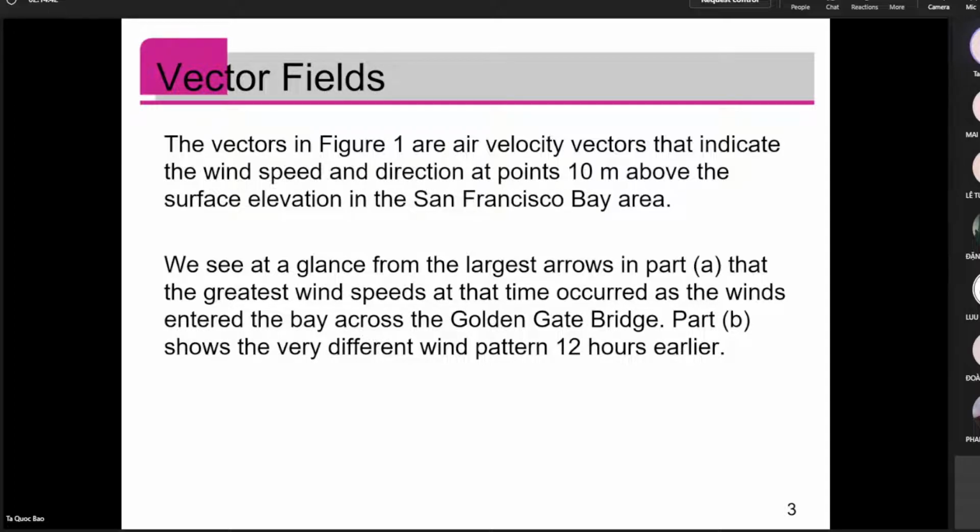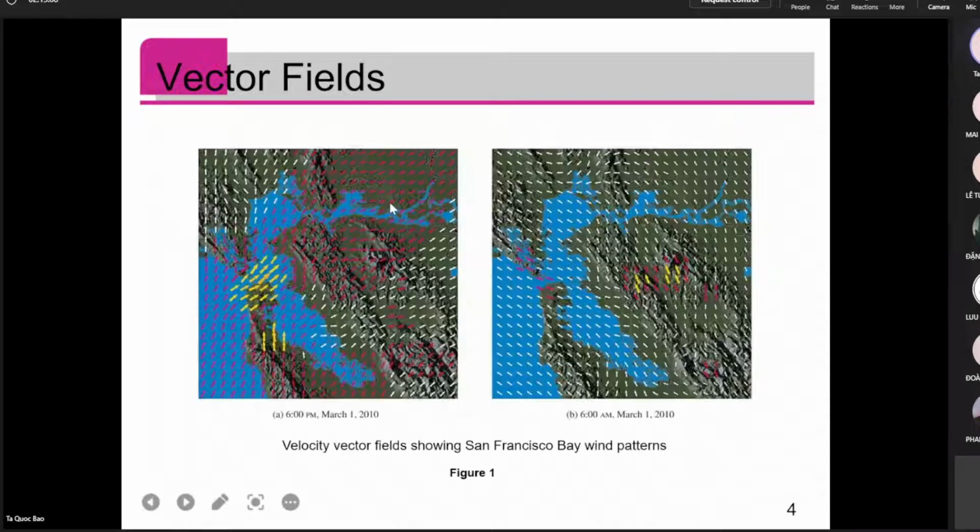So imagine that when you go out and you see the wind blows, or you are on a plane and you see the wings, the air blows around the wings. And now look here, it looks like this. The vector field looks like this. Understand?